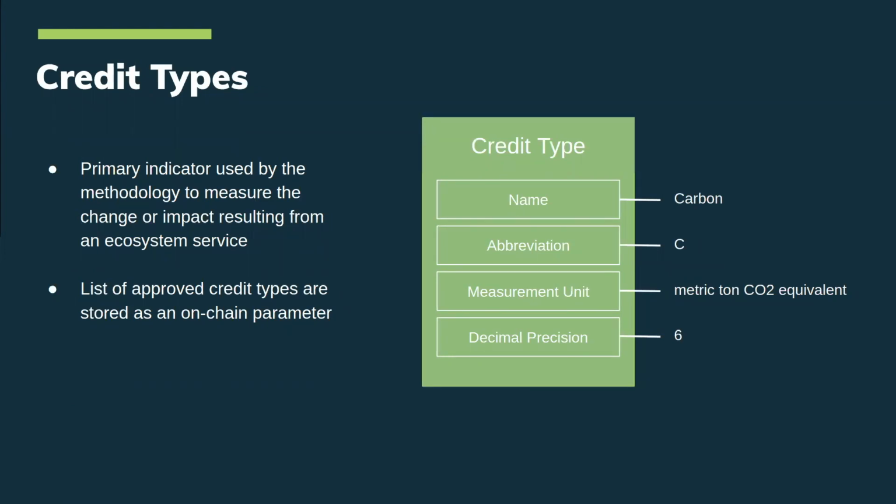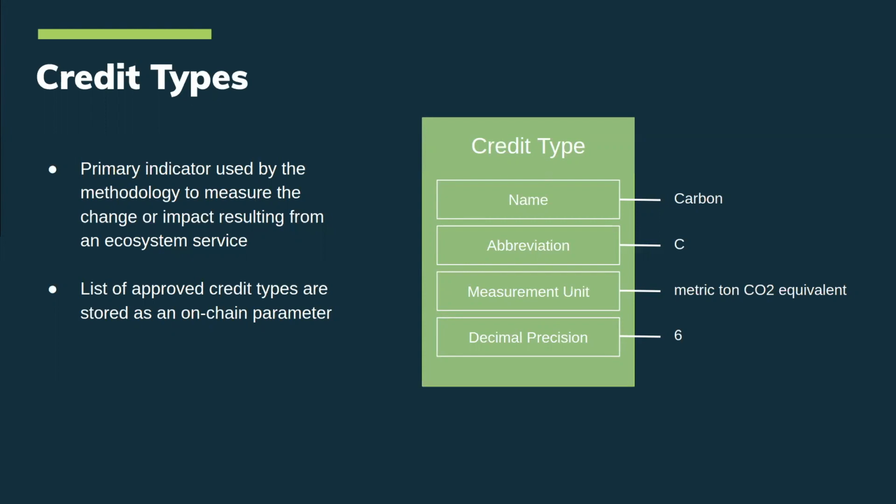So what is a credit type? Well, credit type is the primary indicator used by a methodology to measure the change or impact resulting from an ecosystem service. We are starting with an initial default credit type. I mentioned there's a list of approved credit types that will be an on-chain parameter, and the initial value within the list will be a single carbon credit type, which is the credit type that we're planning to use for the Regen Registry program.